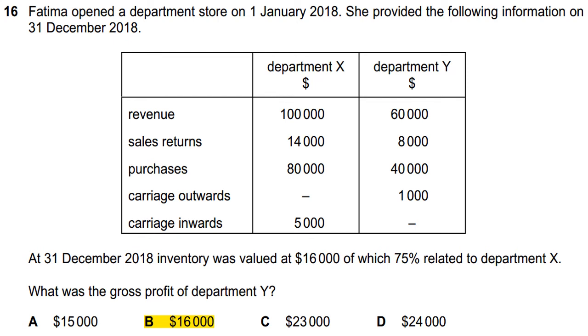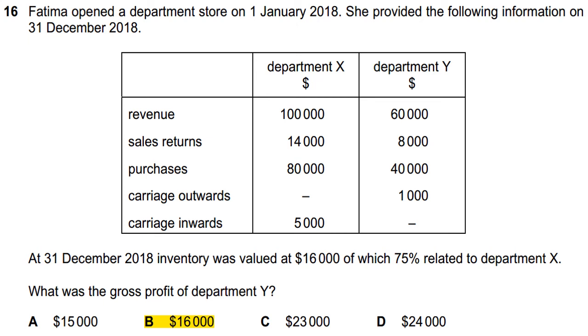Purchases of X is 80,000 and Y is 40,000. Carriage outwards is nil for X and for Y is 1,000, and carriage inwards for X is 5,000 and nil for Y. At 31st December 2018, inventory was valued at 16,000, of which 75% related to department X.